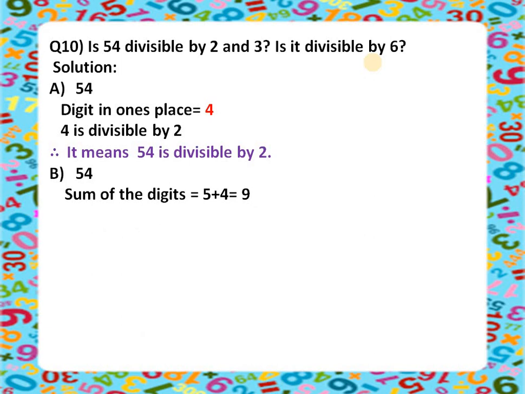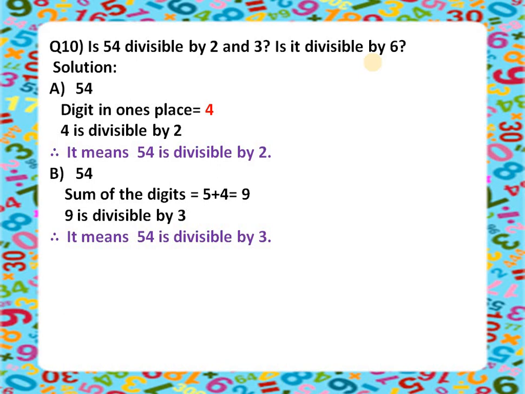Next, we will check whether it is divisible by 3 or not. The divisibility rule of 3 says the sum of all the digits has to be divisible by 3. What is the sum of all the digits? 5 plus 4 will give you 9, and 3 threes are 9. So yes, 9 is divisible by 3. It means 54 is divisible by 3. Last condition: is it divisible by 6?